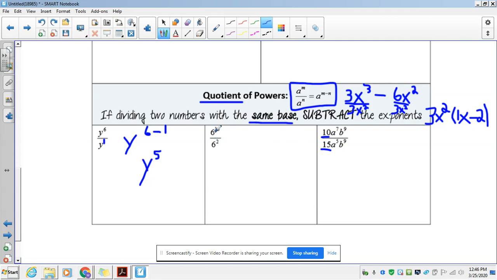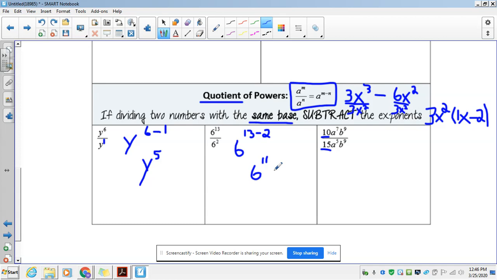For this one, I treat it just like I did the y's over here, and I'm going to write it as 6. This is 13 minus 2. What is that? 11. Very good. 6 to the 11th. So 6 to the 11th, you could go ahead and put in your calculator, and it will give you a number, or we could leave it like this. We're going to leave it like this for now since we're practicing simplifying.